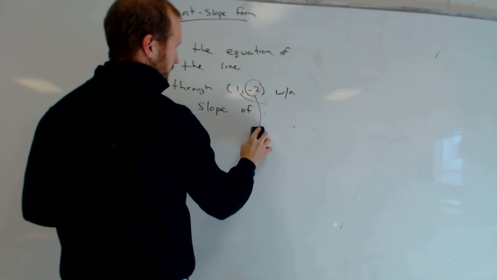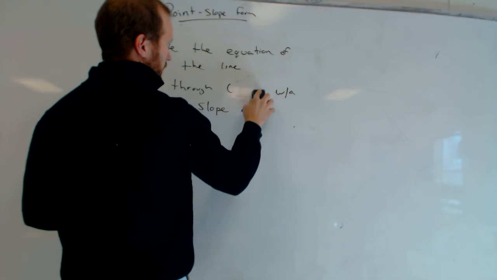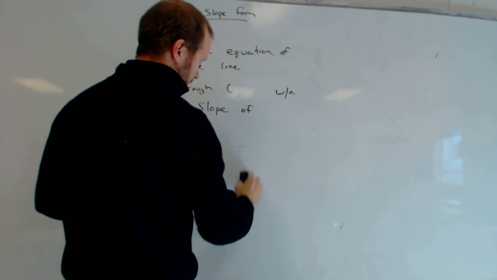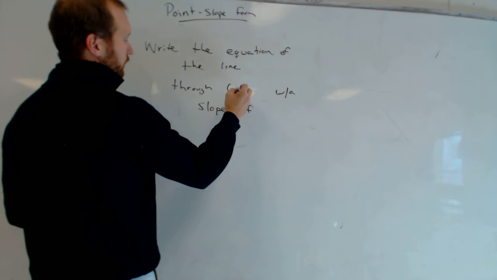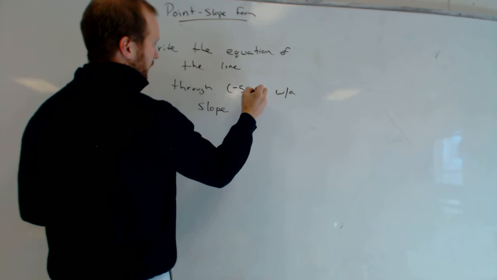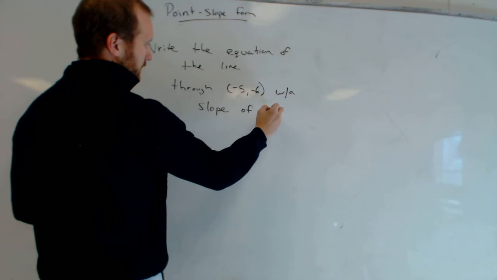Let's do another example. Try to erase as little as possible. All right. What if we had this one? Write the equation of the line through -5, -6 with a slope of 2.